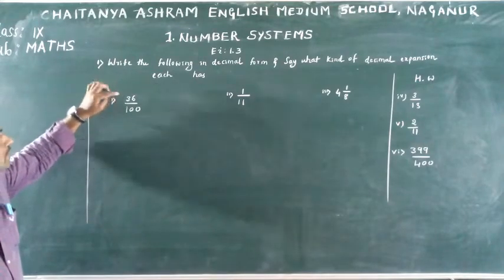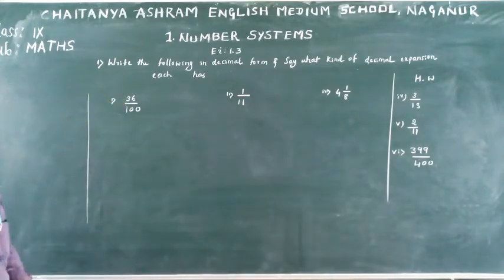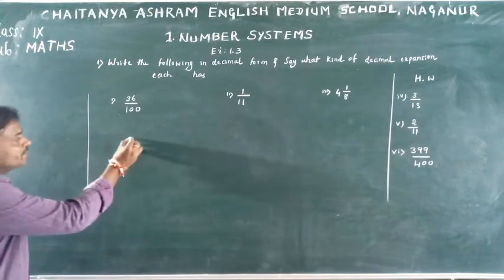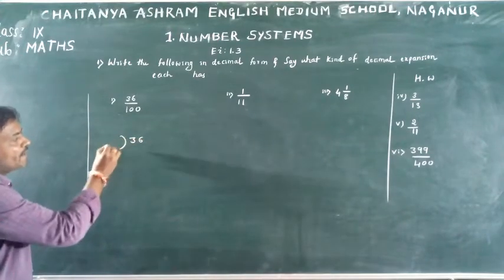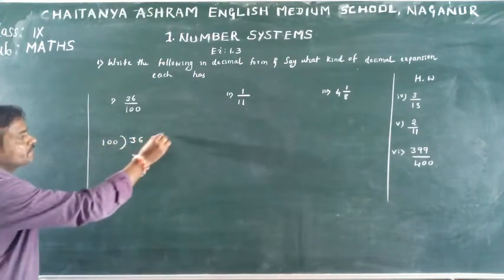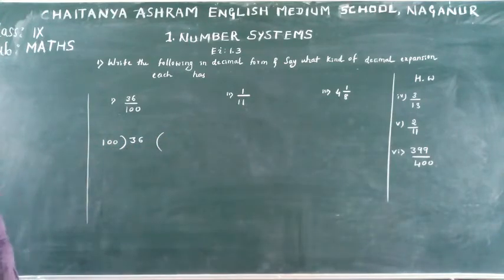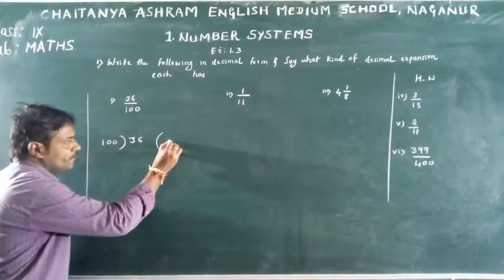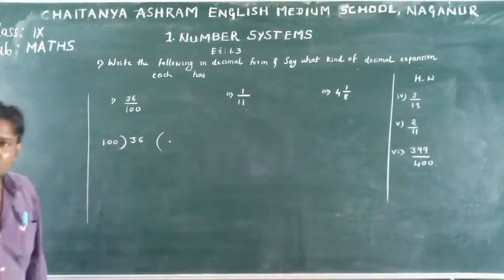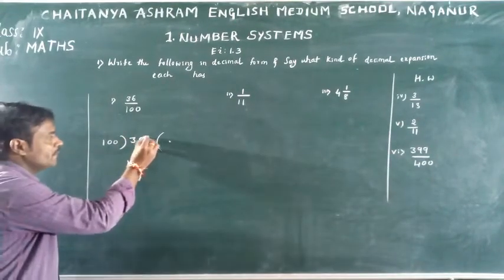Consider the first one, 36 divided by 100. If you divide 36 by 100, 36 is smaller than 100. So write a decimal in the quotient place and write 0 with 36.